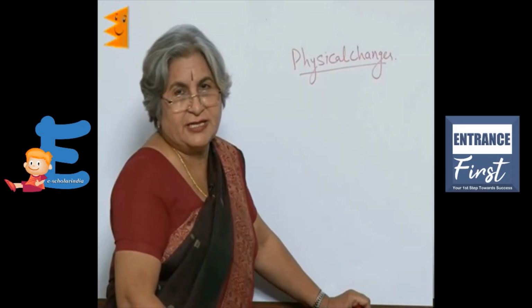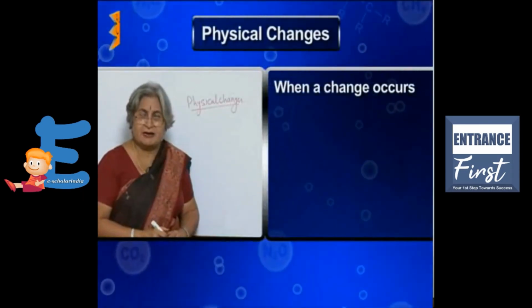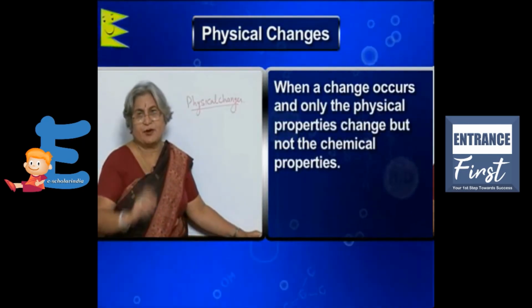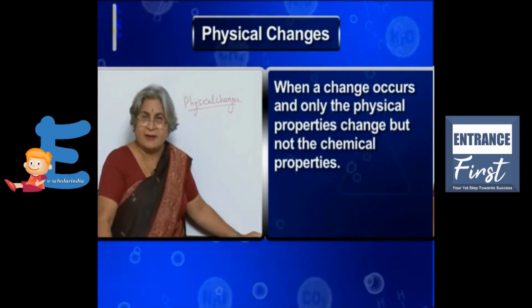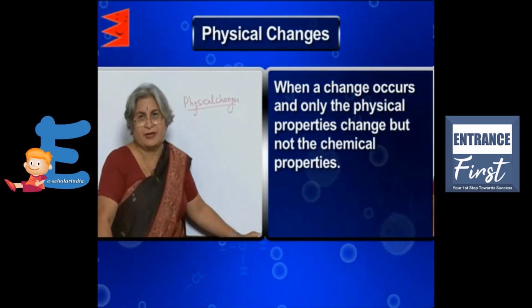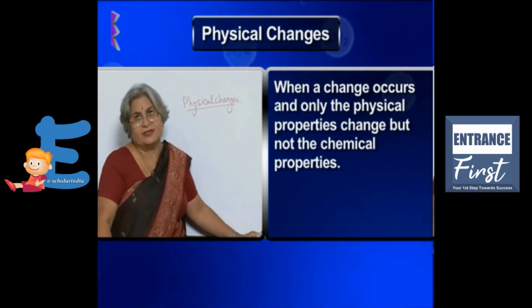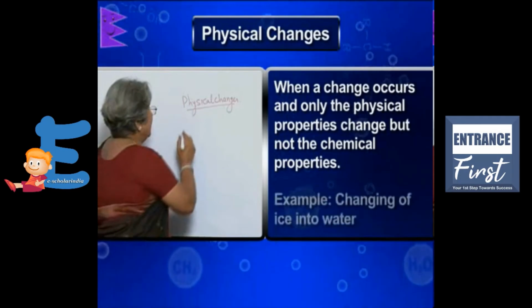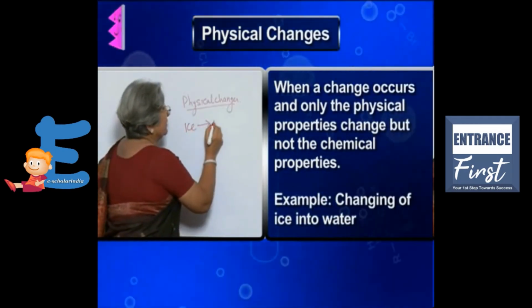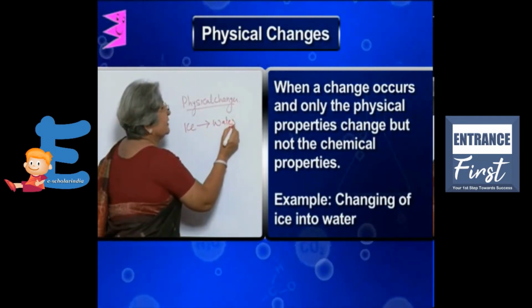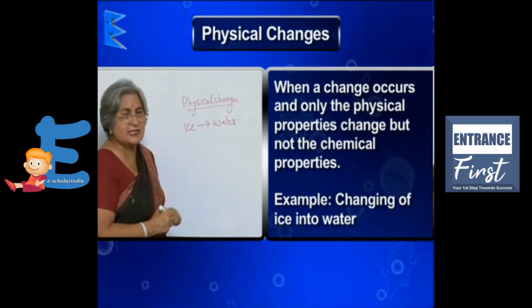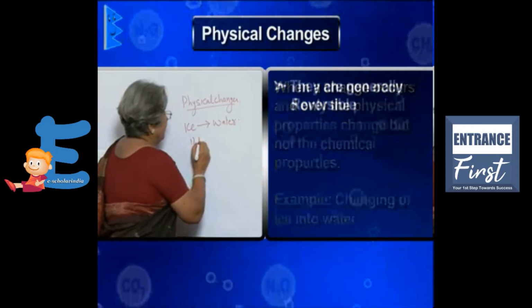Now what are physical changes? When a change occurs and only the physical properties change and not the chemical composition or the chemical properties, then it is called a physical change. Like when ice changes to water, it is a physical change. And usually these changes are reversible.